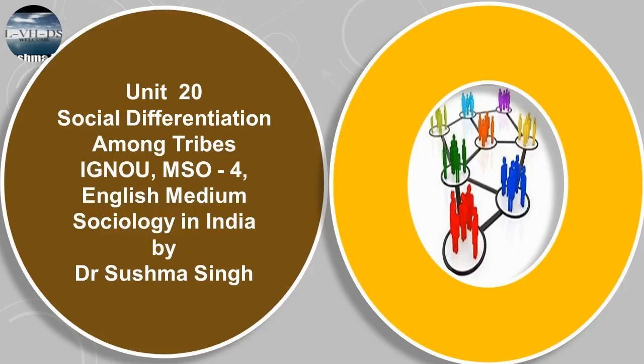Sorokin defines social differentiation in terms of two broad basic categories, namely intra-group differentiation, meaning differentiation within a group, and inter-group differentiation, meaning differentiation between and among two or more groups.